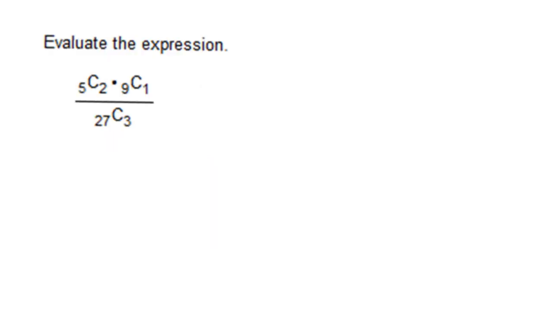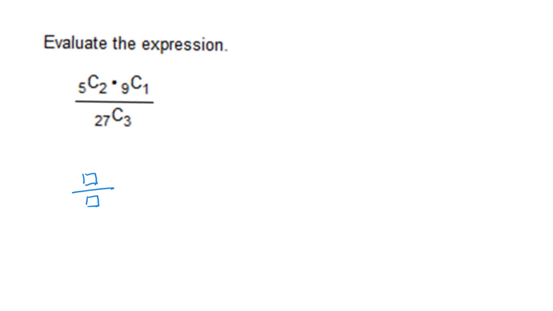All right, this one just says evaluate the expression. So you have 5 combination 2 times 9 combination 1, all divided by 27 combination 3. So the first thing you want to do is hit the fraction notation on the Casio 115ES. The fraction looks like a little box with a division bar and another little box.